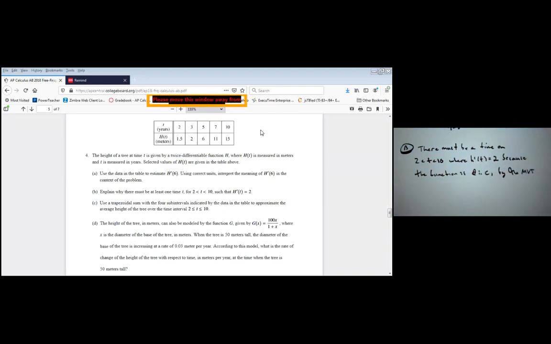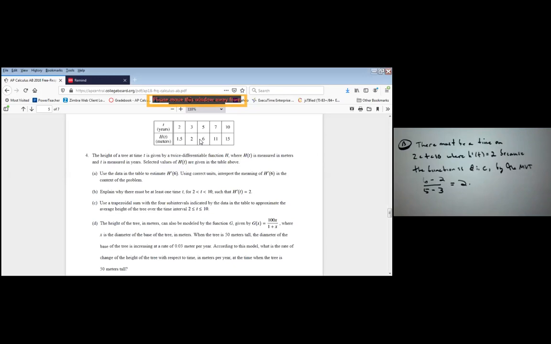So we need to go somewhere else. We need to find an interval in that range that gives us 2. And that range is right here, from 3, 5, 2, and 6. If we take those ones, because 6 minus 2 over 5 minus 3 gives us 2.